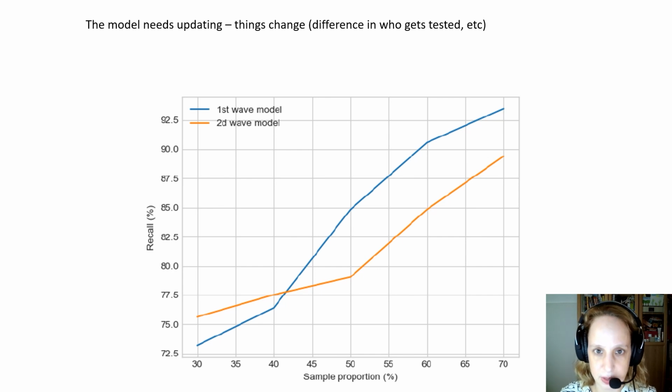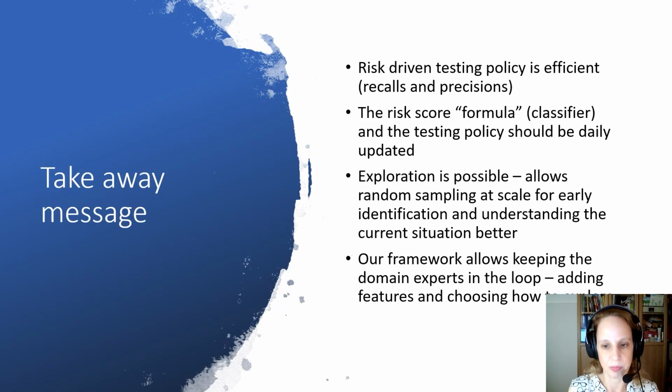So we are keeping them in the loop, and they're using the system, but they're also driving the system and making it work. There is the initial stage of building the ranking model, which is really using the domain expert knowledge at the beginning, and we also aim to improve it as we go along.